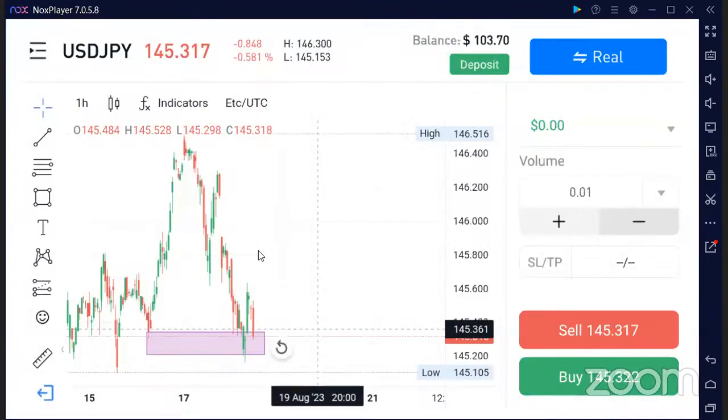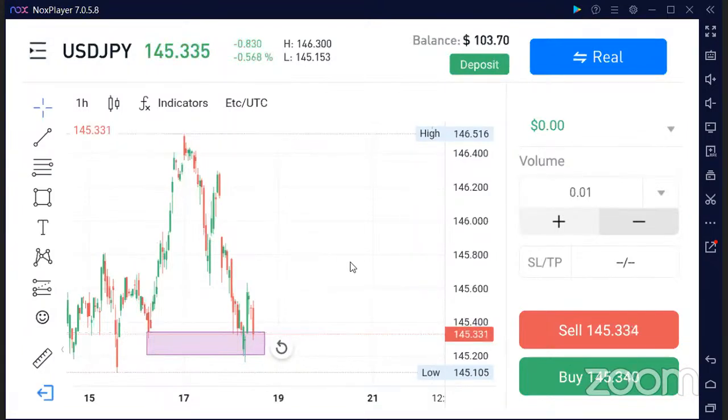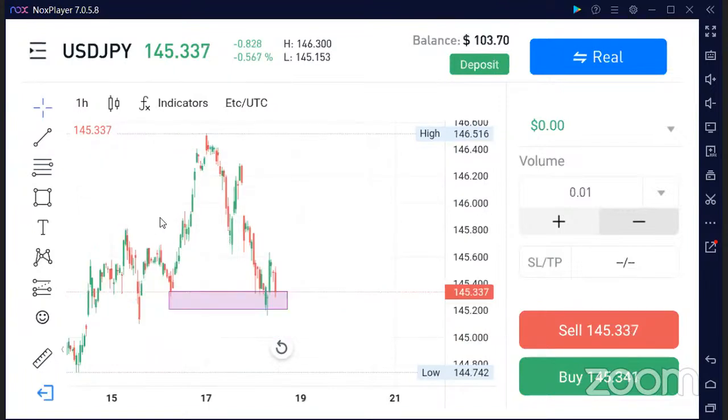Or maybe I should just use the frontal view, because every time I try to use the landscape mode, it just keeps hanging. Come on, come on.